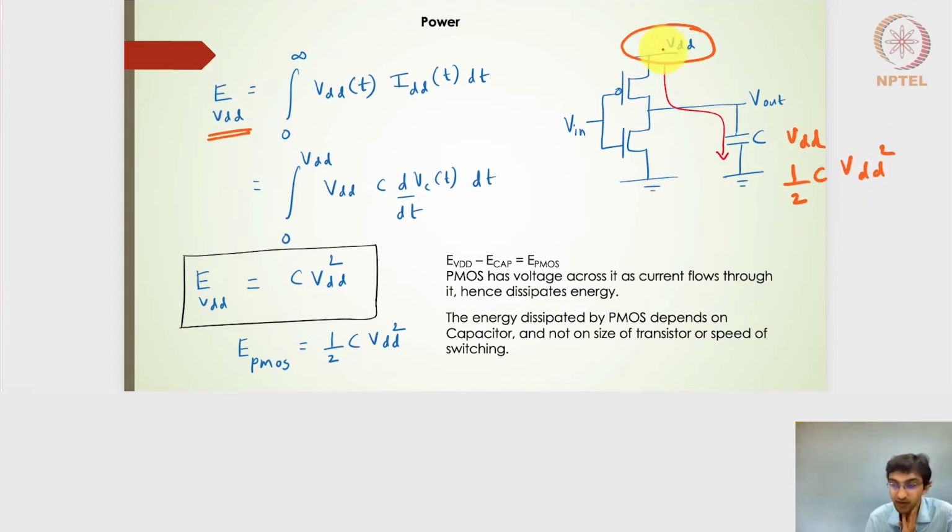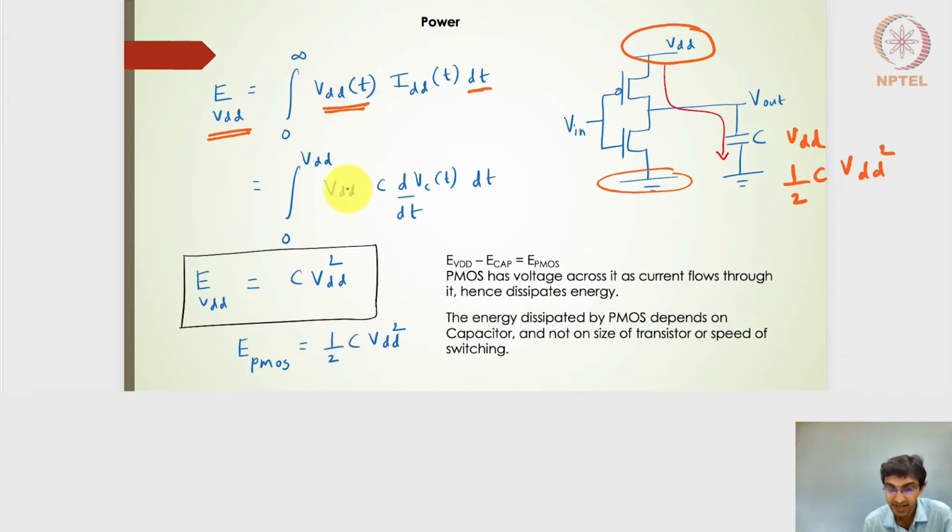The energy delivered by the VDD, as a component of this power source, I can find with the same definition: VDD of t, the voltage of the VDD rail with respect to the ground rail, times IDD of t, the current delivered by the VDD rail, times dt, with time from 0 to infinite.